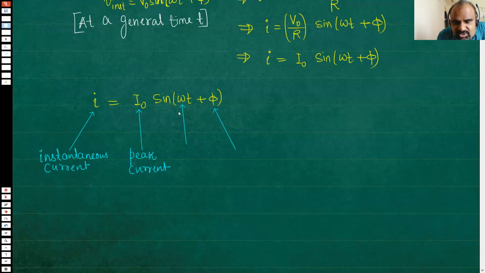Come on, tell me what this omega is called. Angular frequency. Exactly. Angular frequency. Now I'll talk about this angular frequency in a moment. This phi is called initial phase or phase constant.